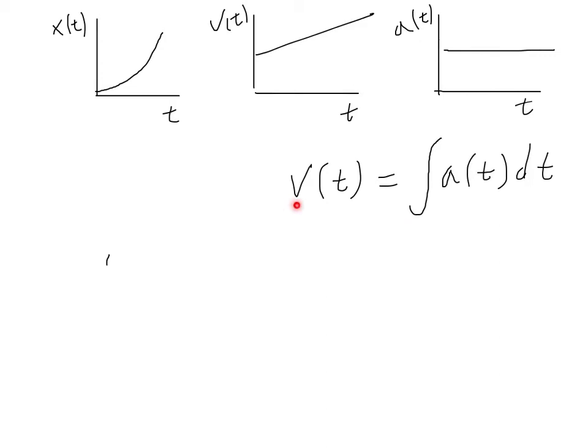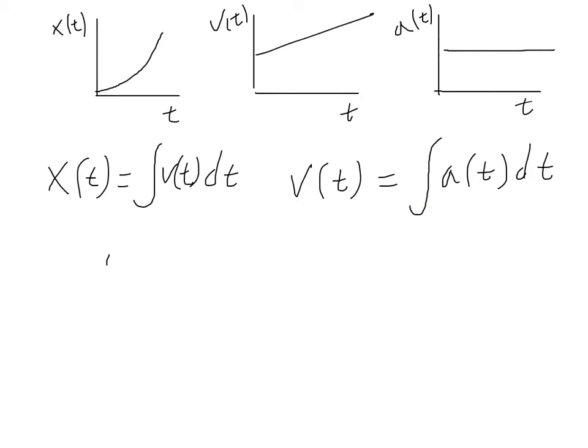But anyway, the velocity versus time is the integral of acceleration versus time. And that also means the position versus time equation is the integral of the velocity versus time equation, just like the velocity versus time graph is the slope of the position versus time graph. The position versus time graph is the integral of the velocity versus time graph. But interestingly enough, it's also the area of the velocity versus time graph. Also, the velocity versus time graph is the area of the acceleration versus time graph.